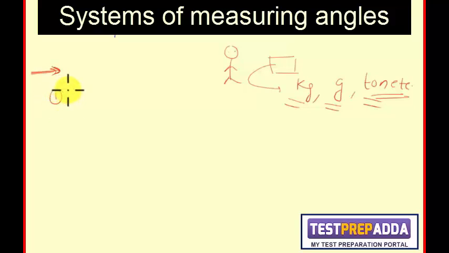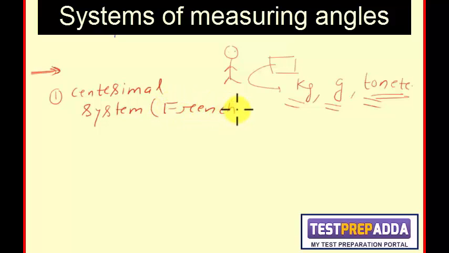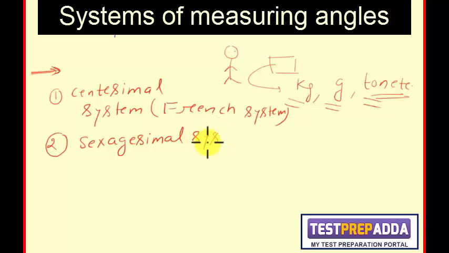One is called centesimal system. It is also known as French system. Second is sexagesimal. It is also known as British or English system.